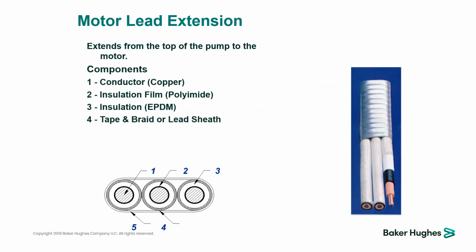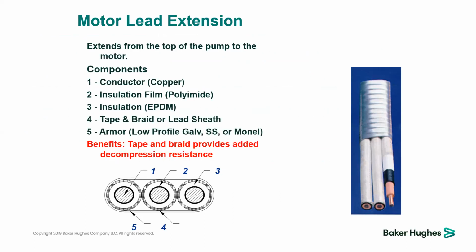Anyway, we just need to highlight the MLE, which is the motor lead extension. This is the part connected between the motor and the power cable, and it's almost always flat, only flat, not round.